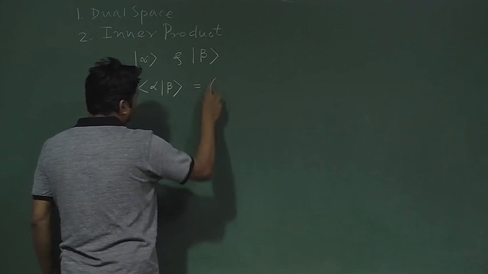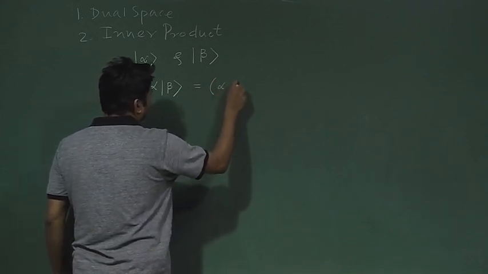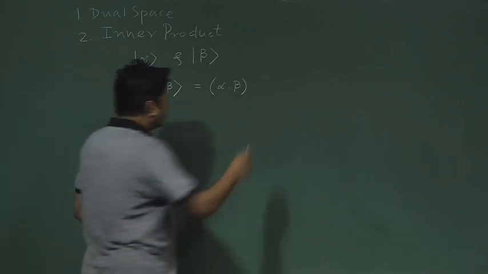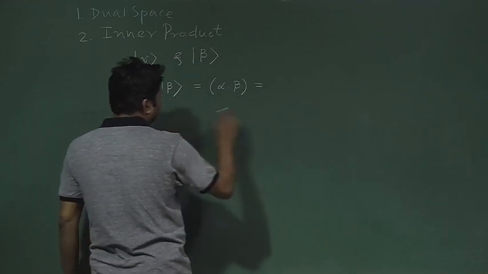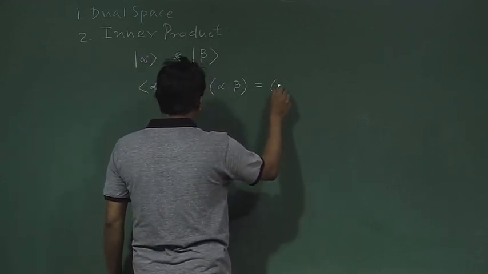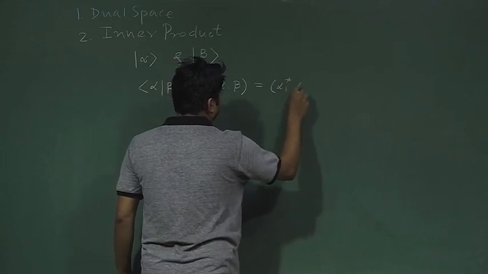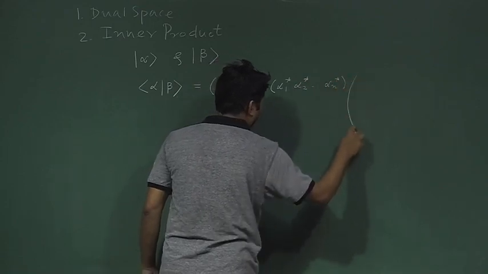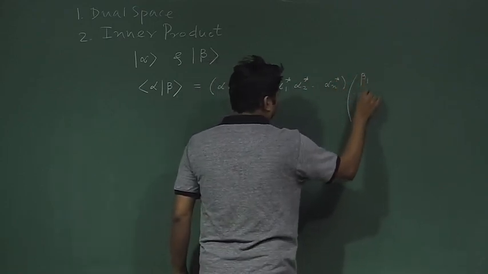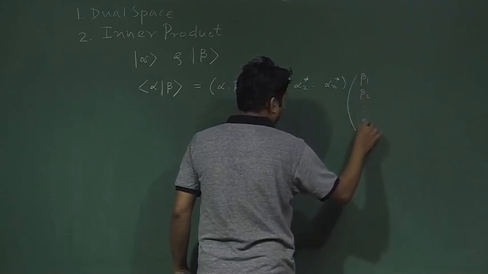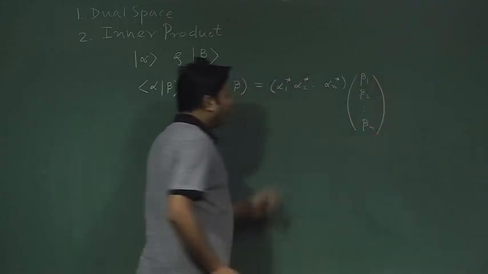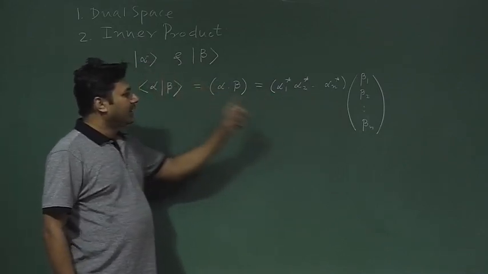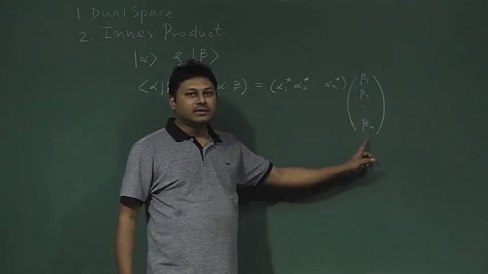Sometimes the notation is also written differently in some places, but essentially these two are the same thing. This can be represented in tuple notation also, where I can write alpha 1, alpha 2, alpha n, and beta 1, beta 2, beta n, when alpha 1, alpha 2, alpha n are the components of the vector alpha, and beta 1, beta 2, beta n are the components of the vector beta.